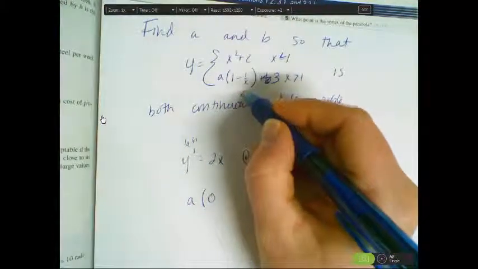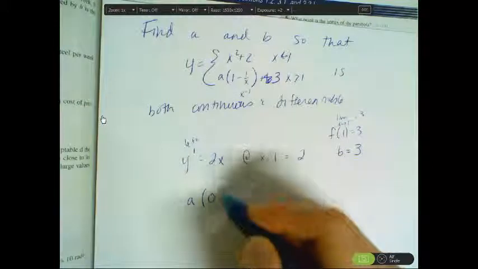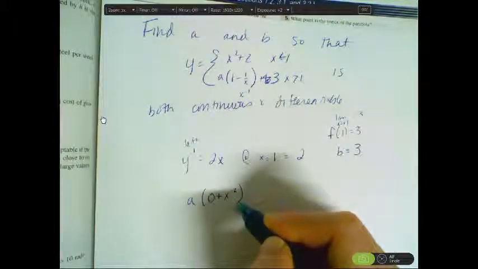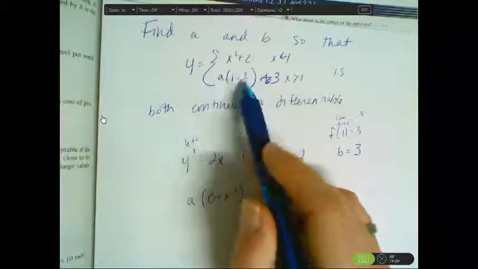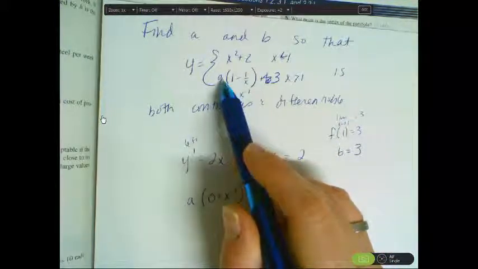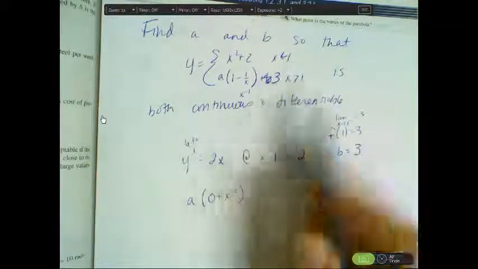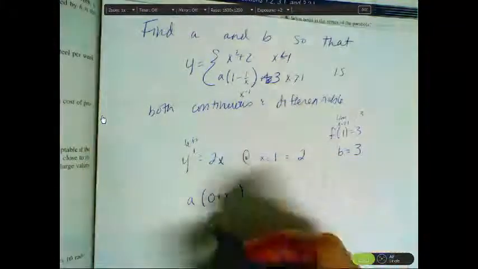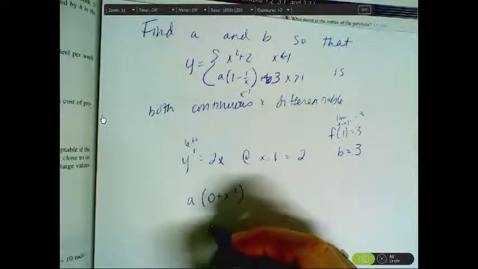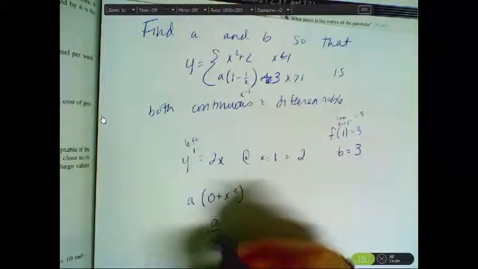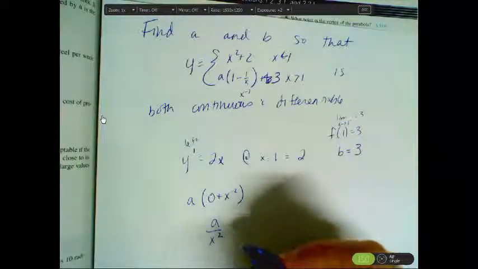And this is the same as x minus 1. So the derivative of that would be plus x to the negative 2. And then, so that's first times derivative of the second plus second times derivative of the first, but a is a constant, so I don't have to do that. And the derivative of 3 is also 0. So this is my derivative, better written as a over x squared, right?